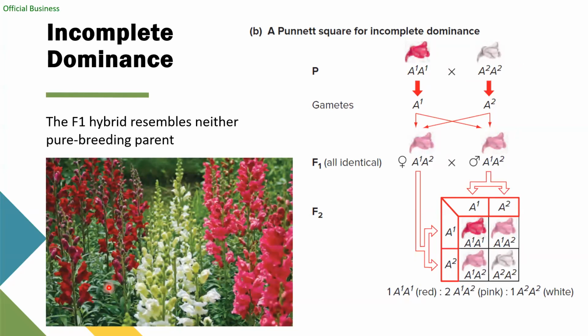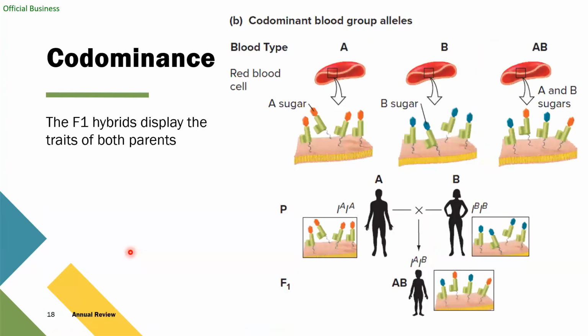So it's neither white nor red, it's pink. This is incomplete dominance. So how is it different from codominance?